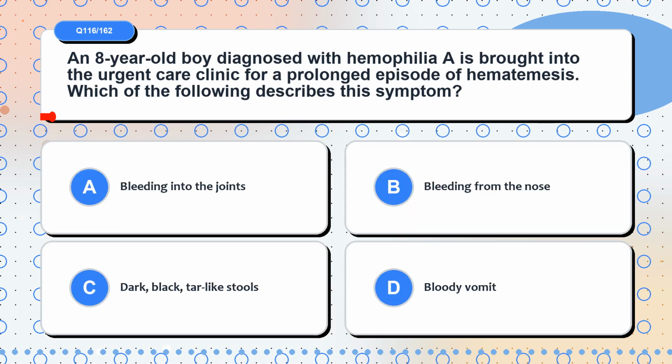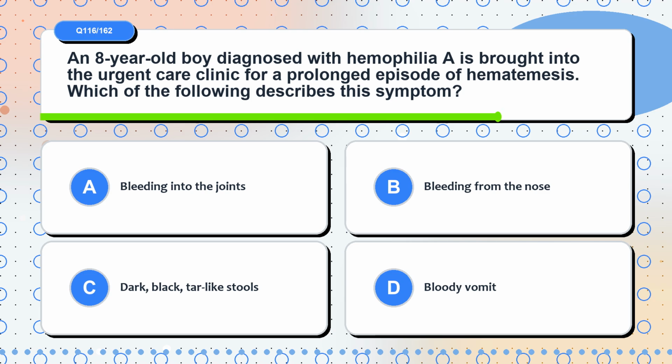Question 116. An 8-year-old boy diagnosed with hemophilia is brought into the urgent care clinic for a prolonged episode of hematemesis. Which of the following describes this symptom? Option A: bleeding into the joints. Option B: bleeding from the nose.